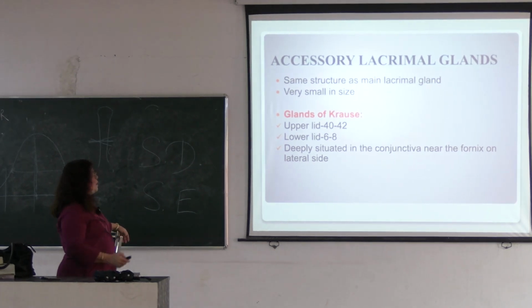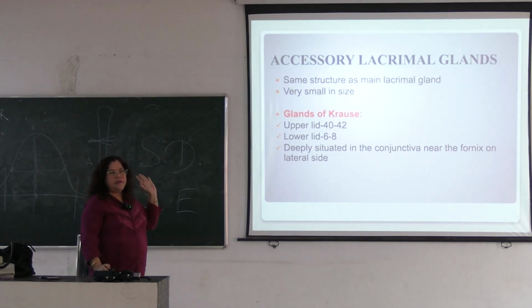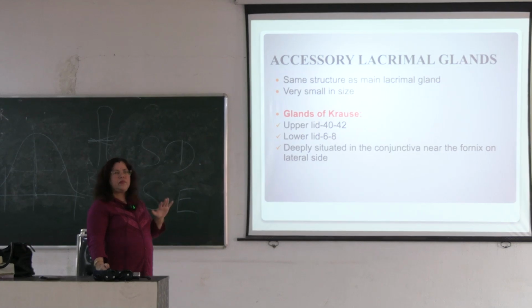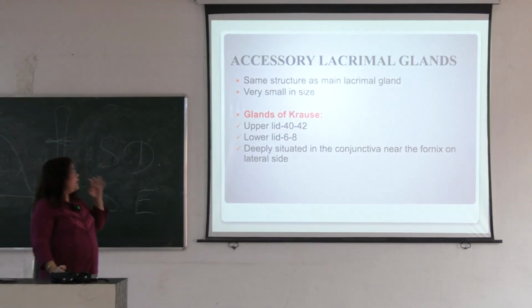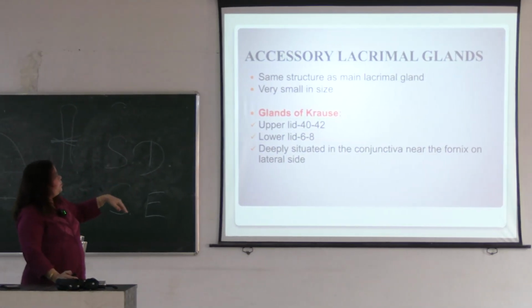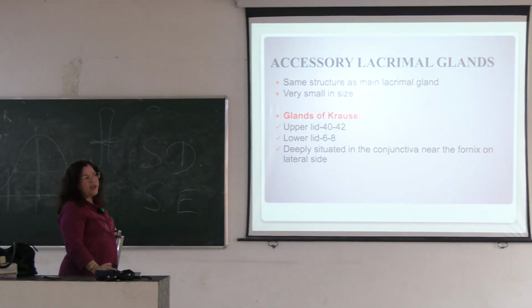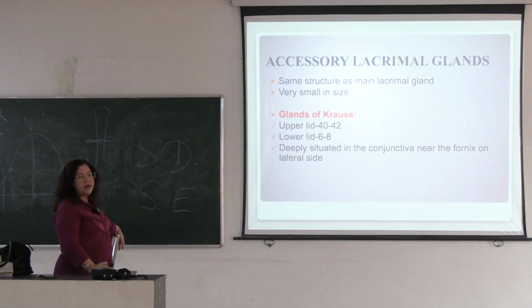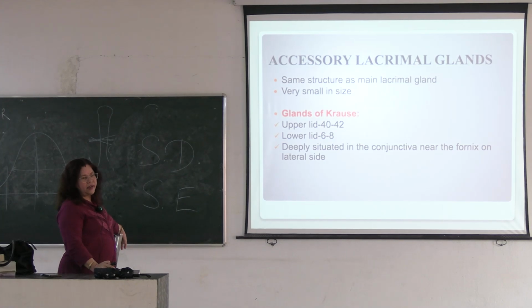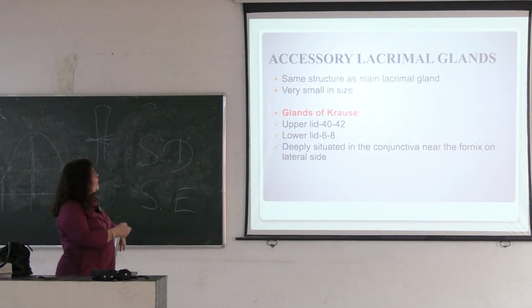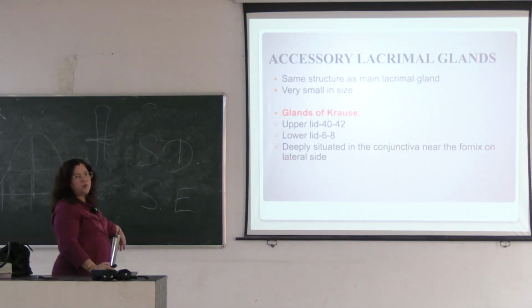Then accessory lacrimal glands. First we discussed the main lacrimal gland, and now the accessory lacrimal glands. When we remove the lacrimal gland, there is no dry eye. Why? In that condition, these glands secrete and keep the eye moist and allow mobility of the eye.